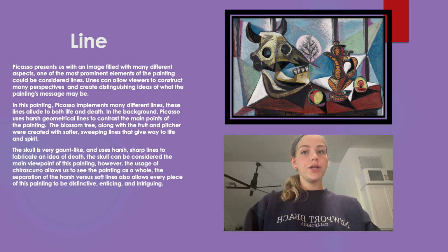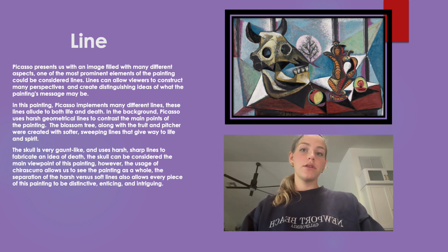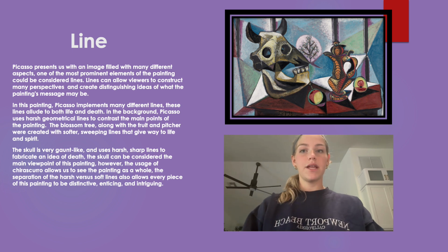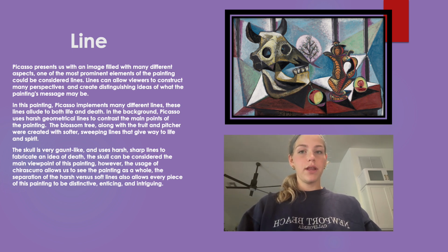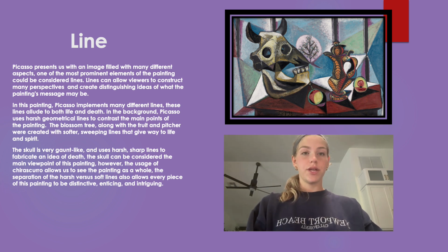The blossom tree, along with the fruit and the pitcher, were created with these softer sweeping lines that give way to life and spirit. The skull, however, is very gaunt-like and uses harsh, sharp lines to fabricate the idea of death. The usage of chiaroscuro allows us to see this painting as a whole, while the separation of the harsh versus soft lines allows every piece of this painting to be distinctive, enticing, and intriguing.